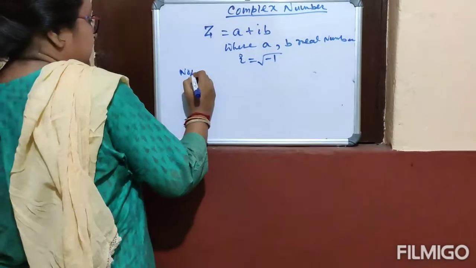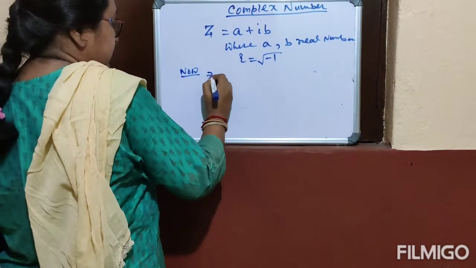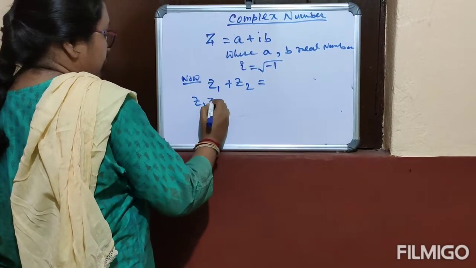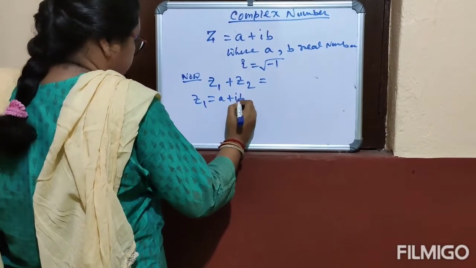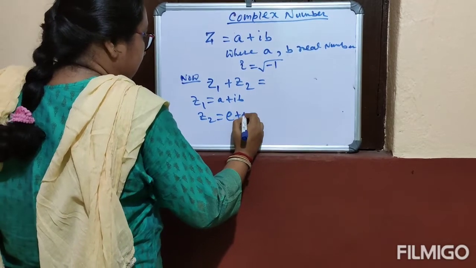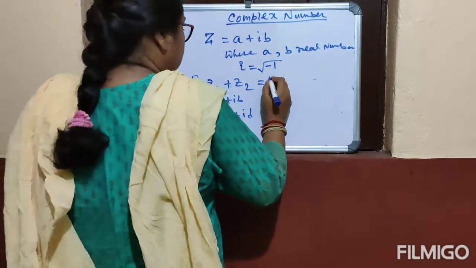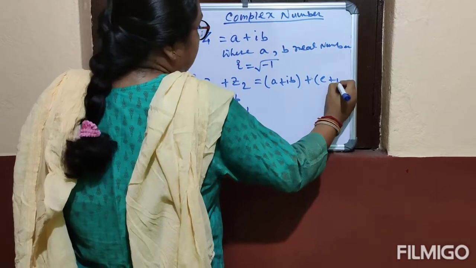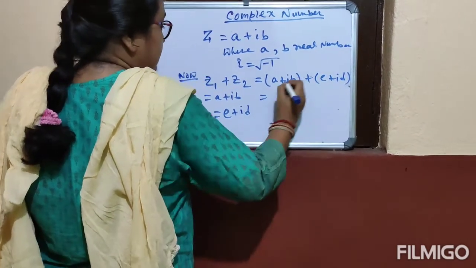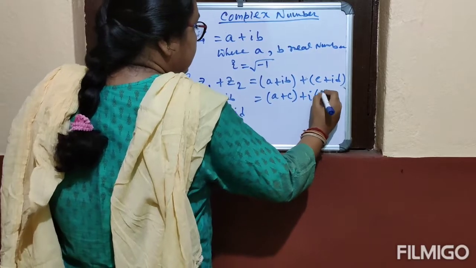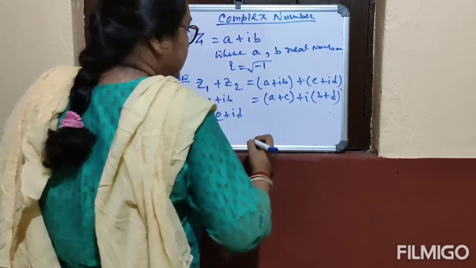Now, what is the way to add? Suppose Z1 plus Z2, where Z1 is equal to a plus ib and Z2 is equal to c plus id. Now put here a plus ib plus c plus id. This is a plus c plus i into b plus d.